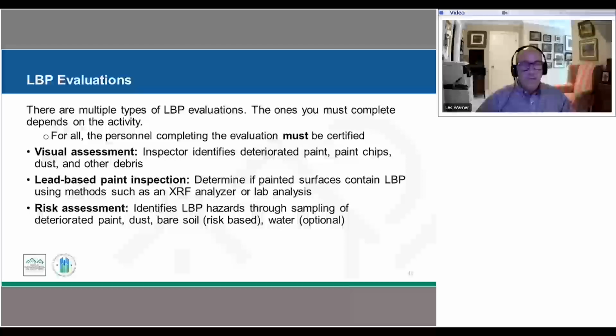Depending on the subpart that you are working with, we might be requiring a visual assessment versus a paint inspection or a risk assessment.